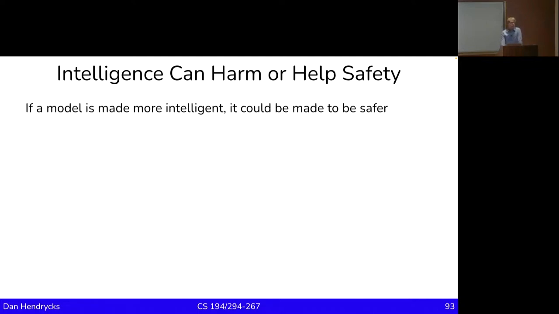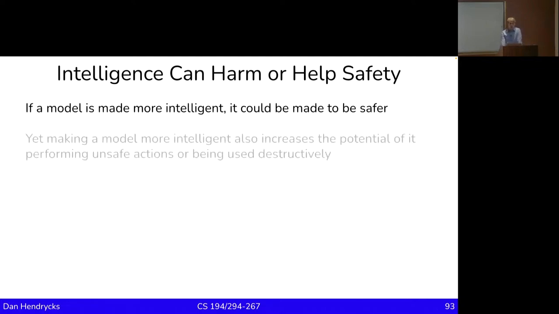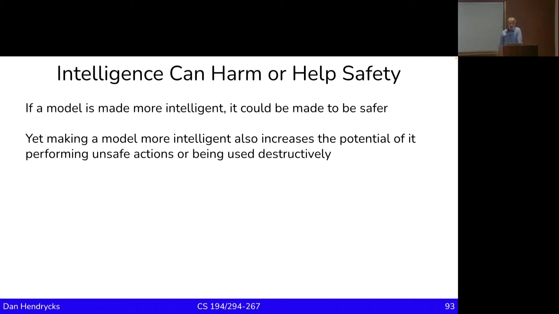Let's analyze their interaction. If it's more intelligent, it could be made safer. It would be less likely to take unsafe actions because it could recognize whether the actions are unsafe. But it could also increase the probability that it is used maliciously. So intelligence cuts both ways. It isn't just unambiguously useful for safety.